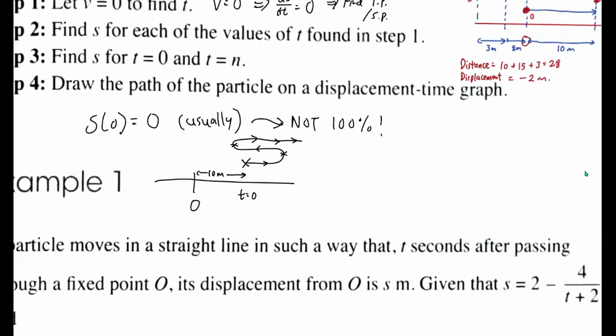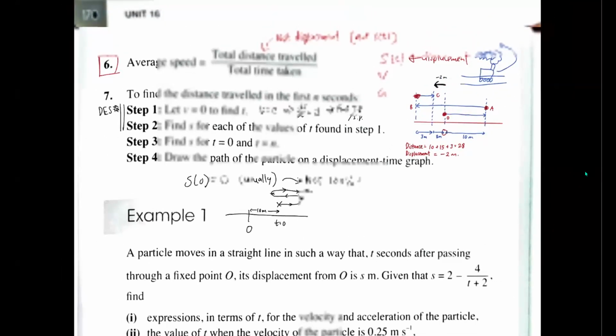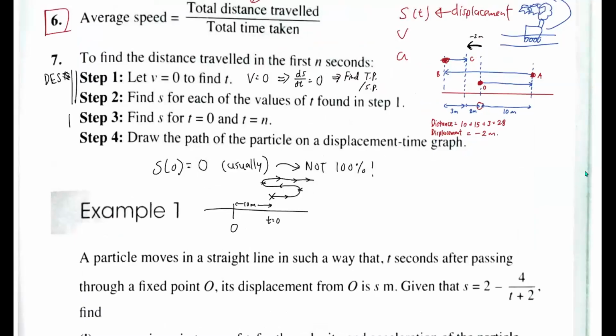From there, after step 3, once you've figured out all these values of t and their corresponding s values, you draw the path of the particle on a displacement time graph. Honestly, this doesn't require you to draw the s against t diagram.